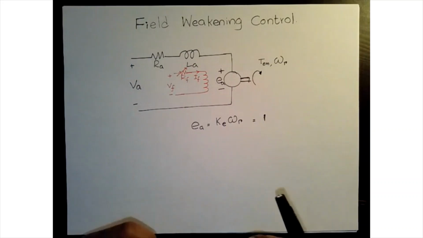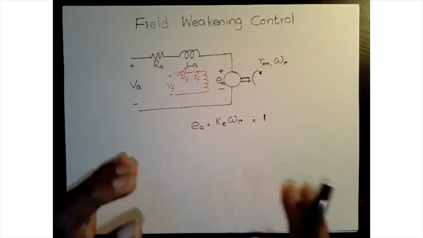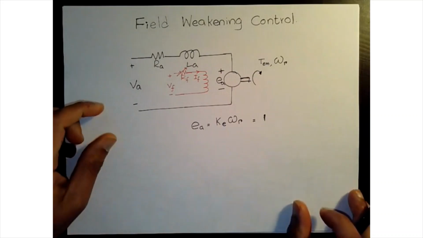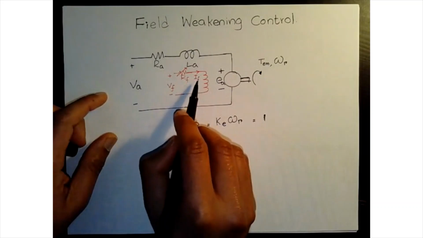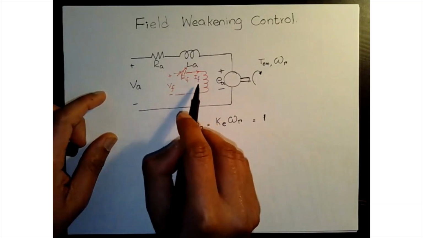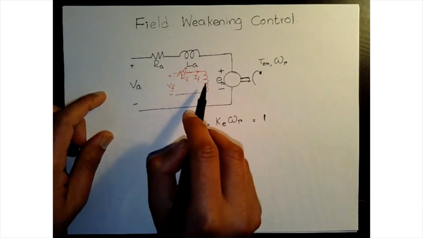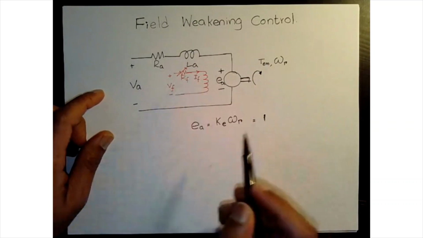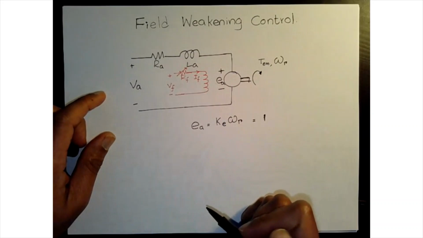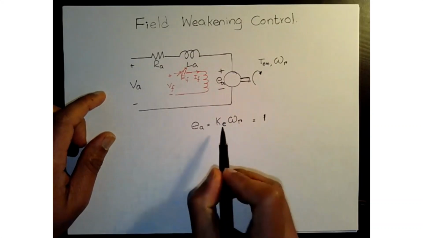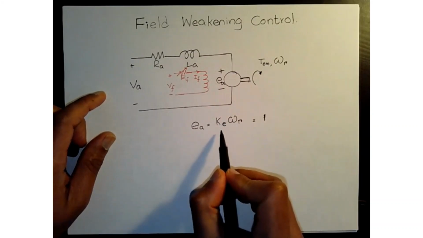Now for a given motor, if we don't change any parameter in the motor, and we are only changing the flux density or the total flux by changing current, guess what parameter in the motor gets influenced? It's going to influence our KE value, right?